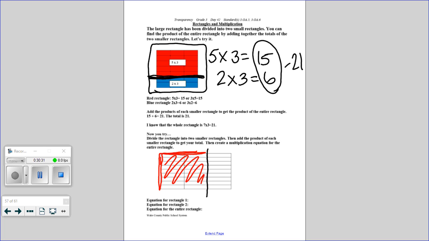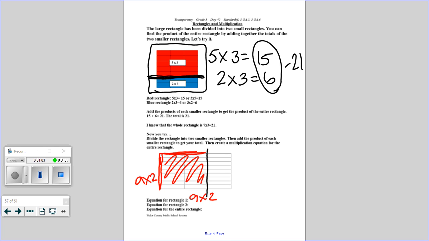I want the equation. Kate, what's the equation? 9 and 2. That's not an equation. 9 times 2. There we go. So the equation for rectangle 1, we're going to write 9 times 2, because it's a 9 by 2 mini array.